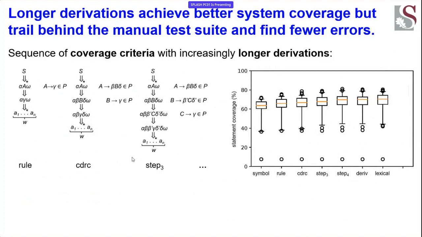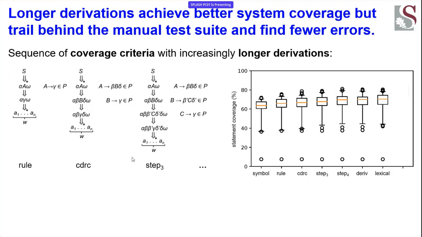Right? So the series of box plots shows that the median coverage over the systems is around 65 to perhaps 70%. The upper line of the box plot is the 75th percentile, the lowest the 25th. So in 25% of the cases, the test suite induces a coverage of 70 to 75% or more.